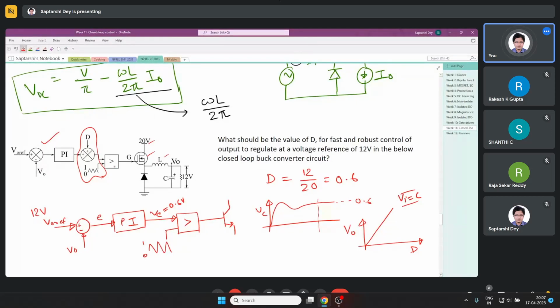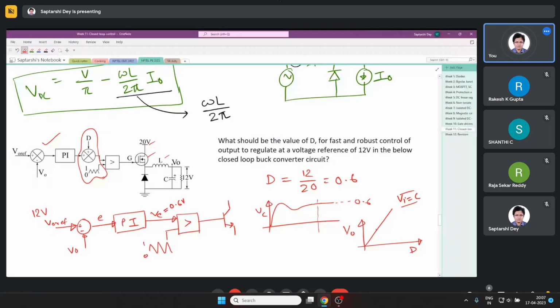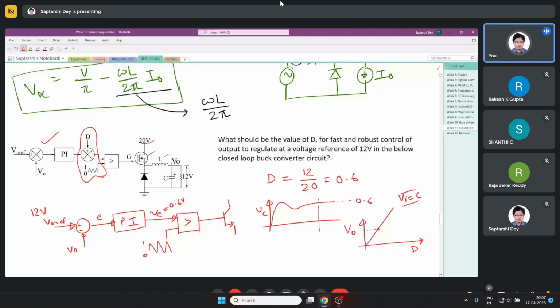And if I need an output voltage of 12, my D will stay somewhere close to 0.6. So why not give a D equals 0.6 here itself?